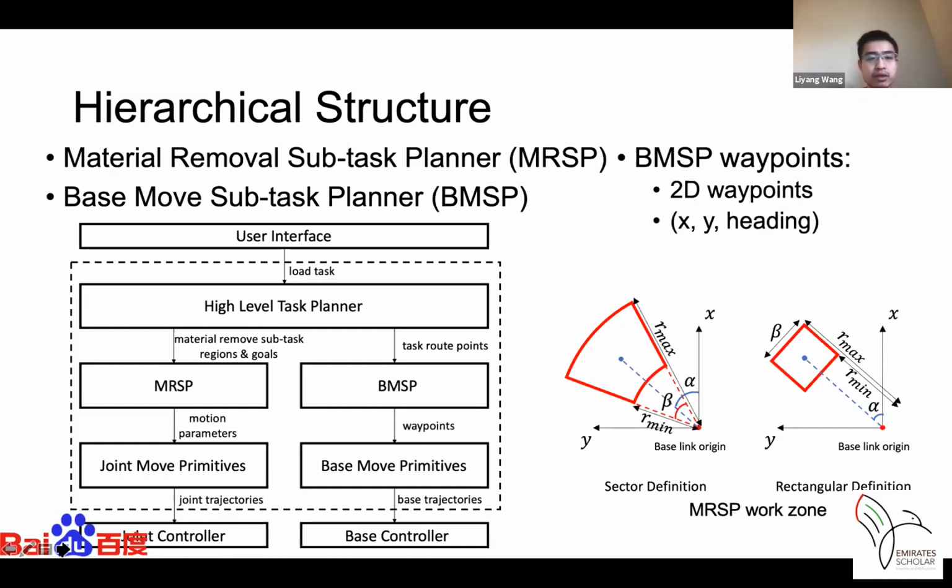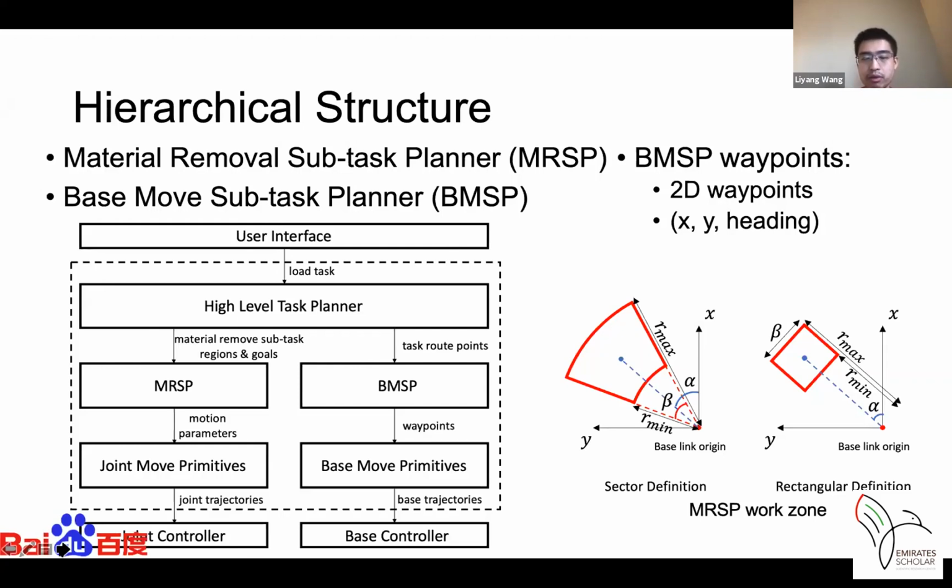For example, if it's a dig motion, it will plan the exact trajectory in the joint domain. And for the base move primitives, it will calculate the base trajectories. And then those trajectories go to the controllers. We have a joint controller to move the arm. We have a base controller to move the base.